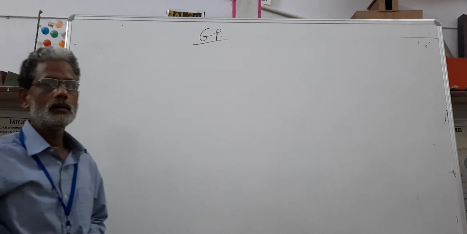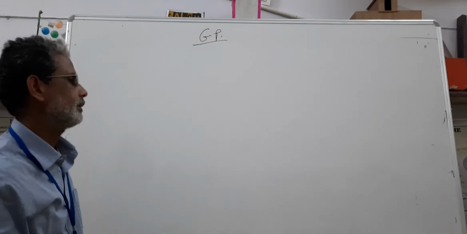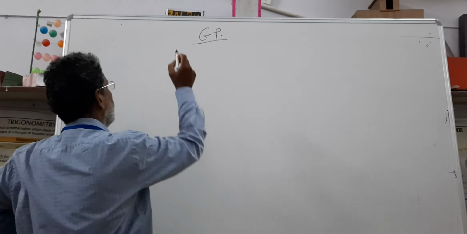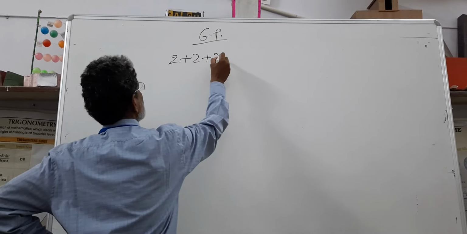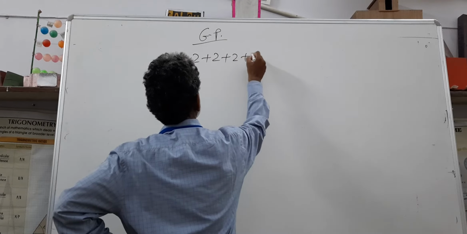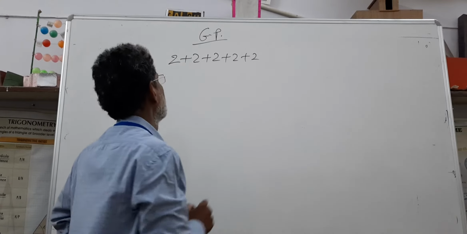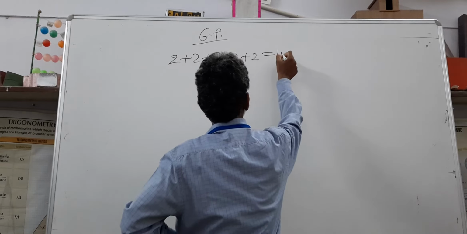Today we will study geometric progression (GP). Geometric progression is not another article or chapter. Geometric progression is a short form of arithmetic progression. As you know, if you add 2 plus 2 plus 2 plus 2 plus 2, you will get 10.